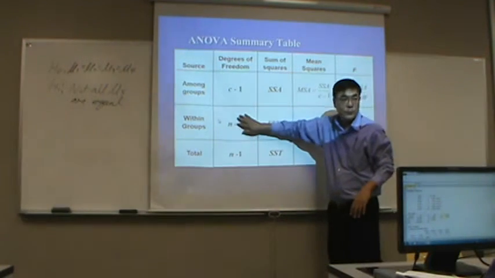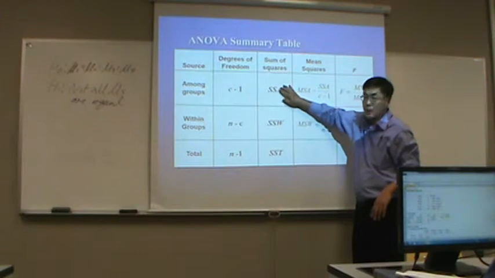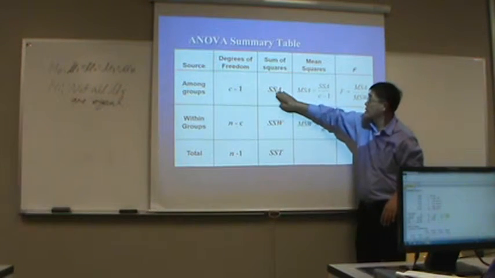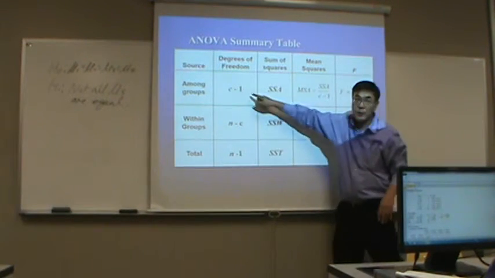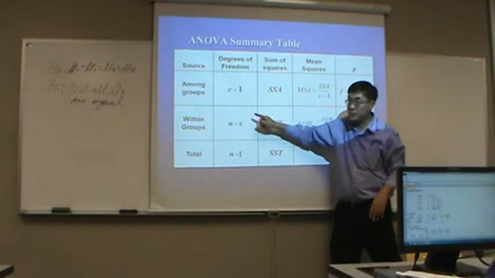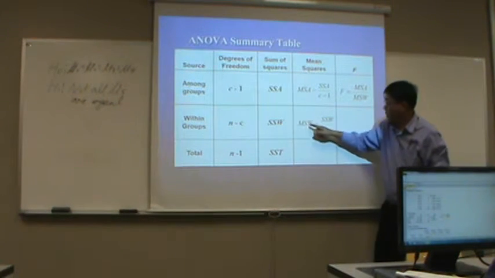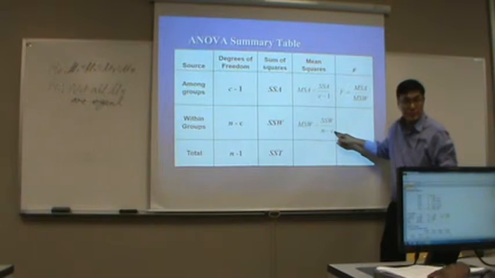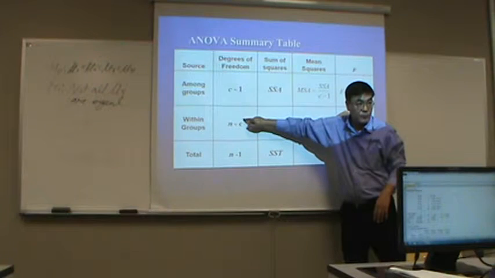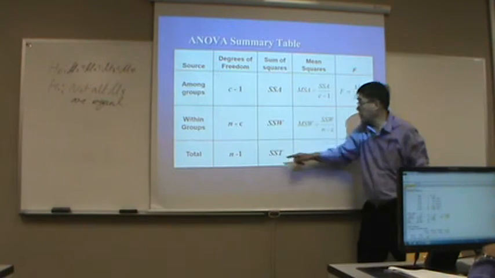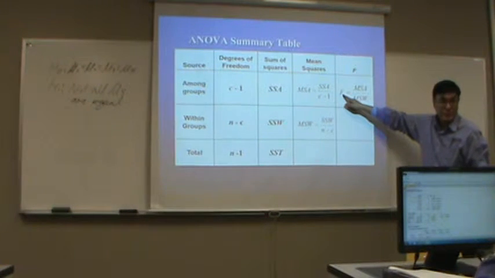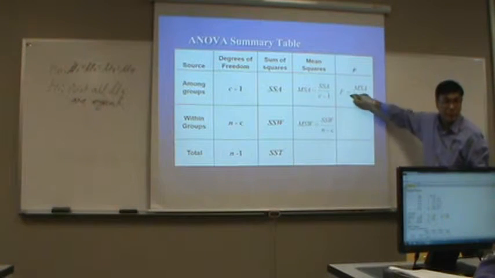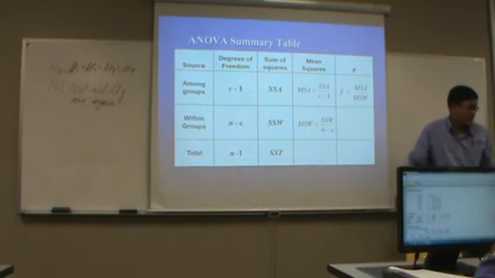Then SSA, SSW. MSA is SSA divided by C minus 1, DF1. MSW is SSW divided by N minus C, degree of freedom 2, denominator. F test statistic is MSA divided by MSW.